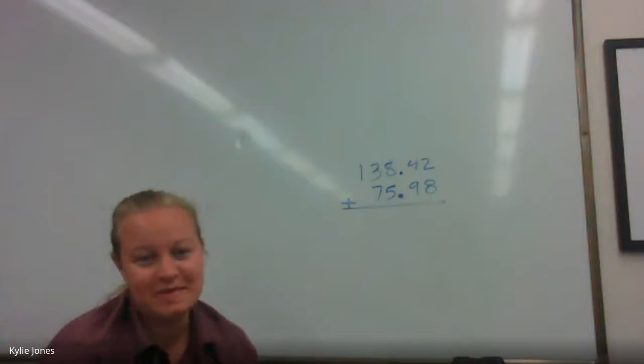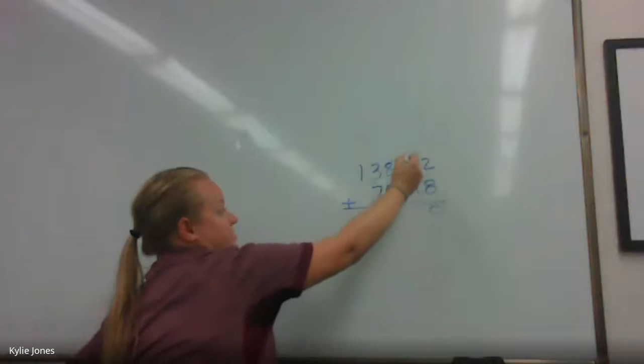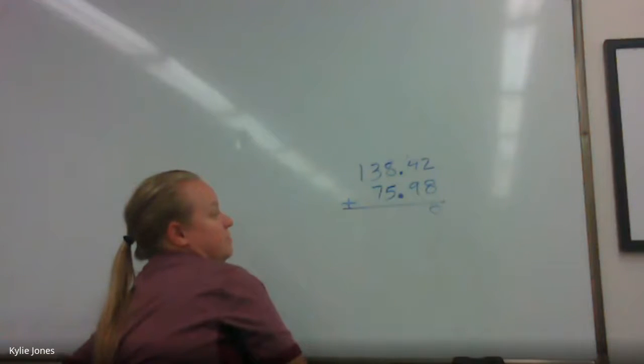You want to explain this one real quick? Sure. I added the 8 and the 2, the 4 and the 9, along with the number I had brought over from the previous. Good. So you added and carried. And then I added and carried again.